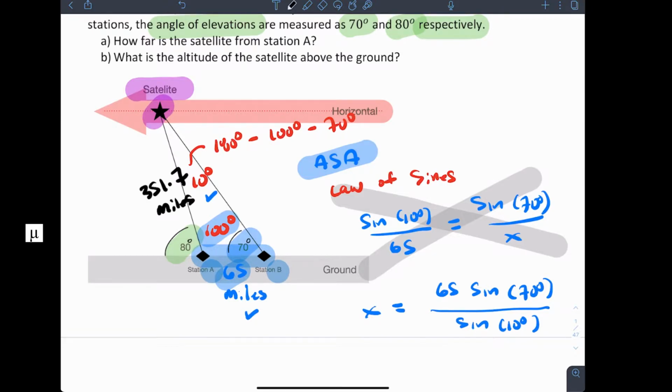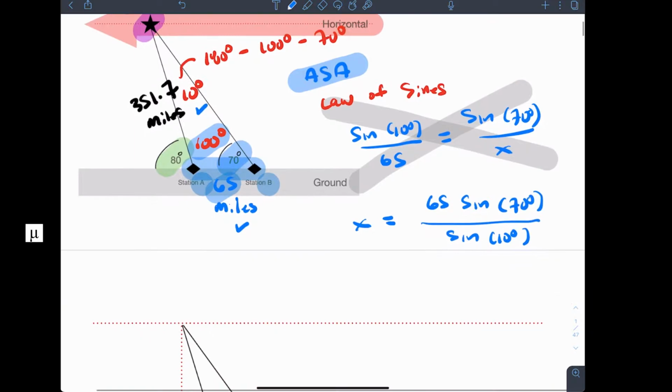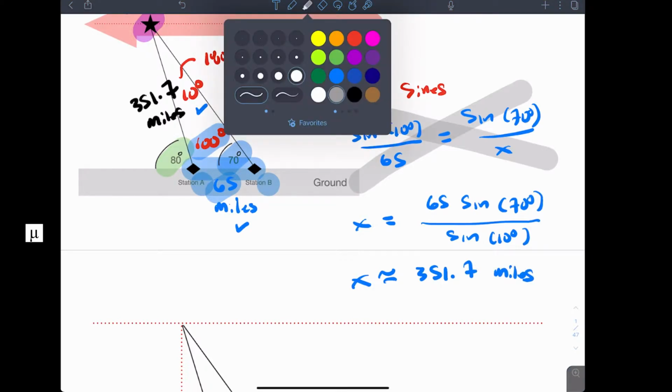There you are. So that's how we found that distance. You say, oh, okay, that's interesting.